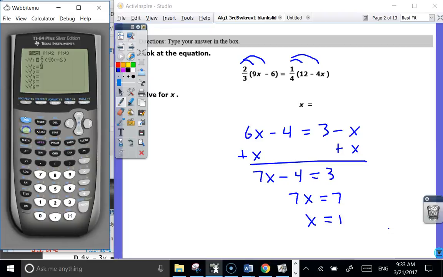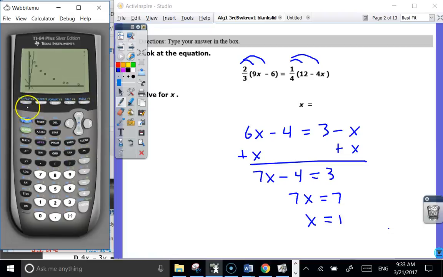Again, fraction format, alpha y equals 1. Put in my 1/4, parentheses, 12 minus 4x. Okay, now graph.